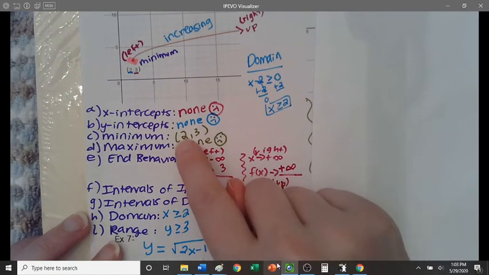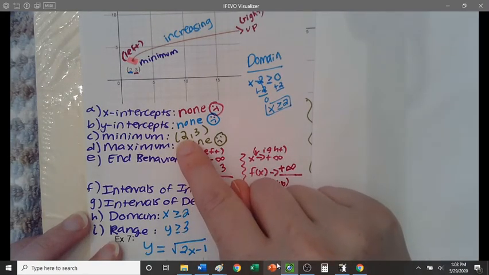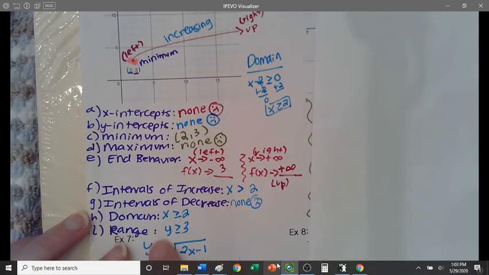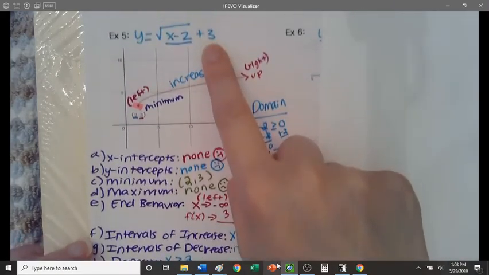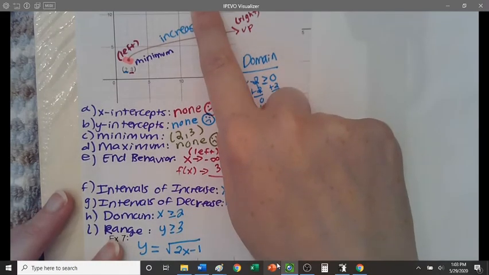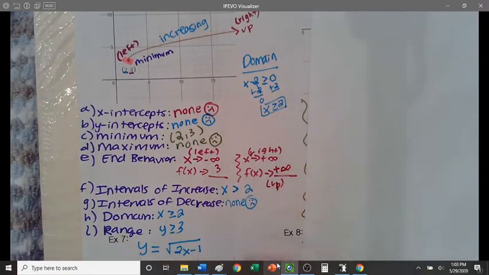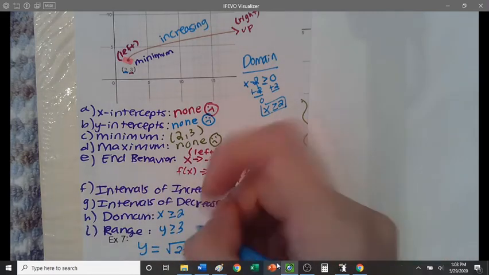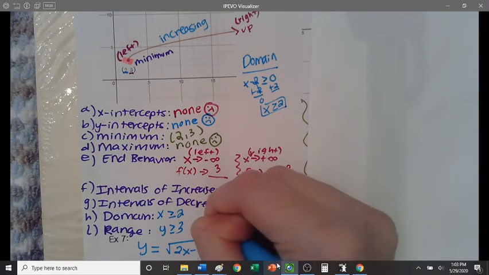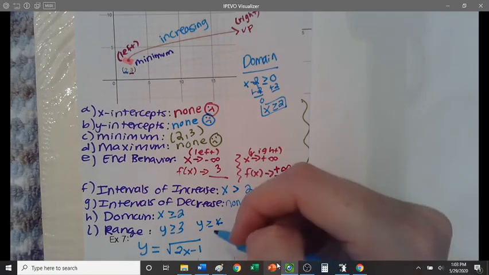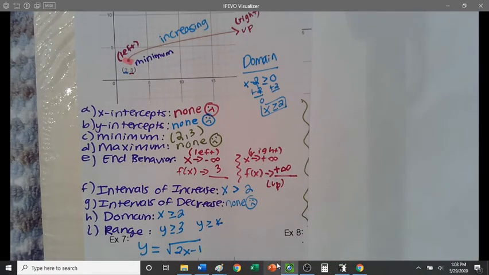That will be the x in your minimum or maximum. And then the range is going to be the k value, which is the 3. You could always say that y is greater than or equal to k if it's increasing, or if it's decreasing, it'd be y is less than or equal to k.